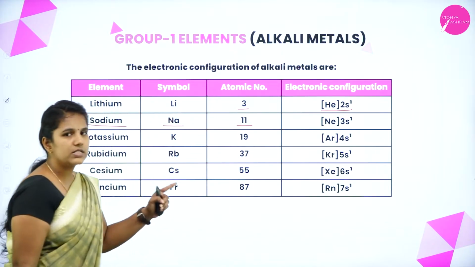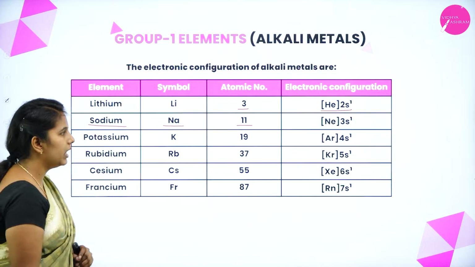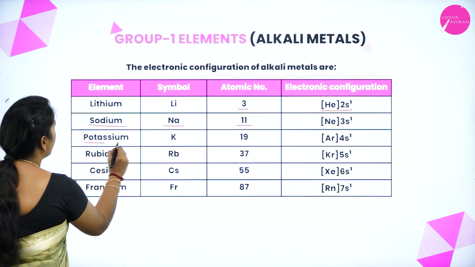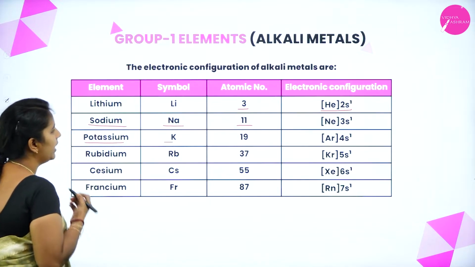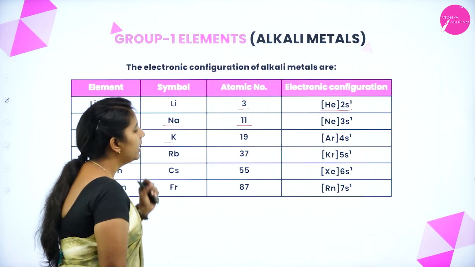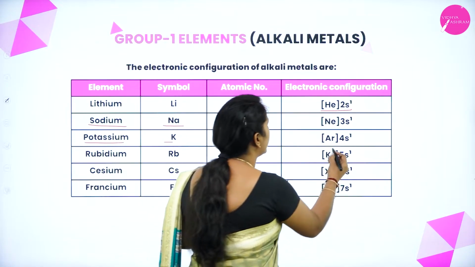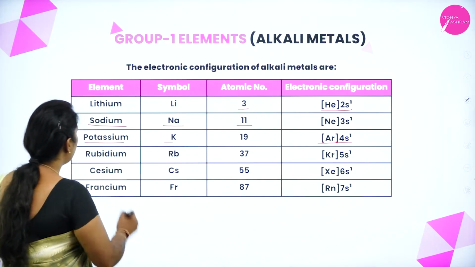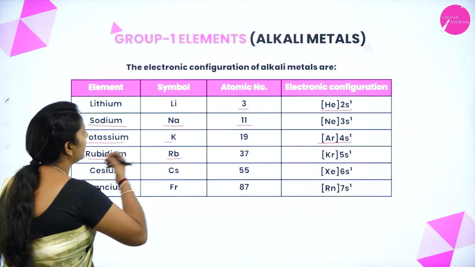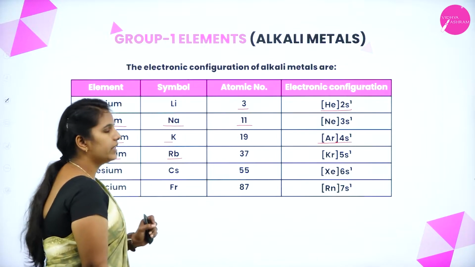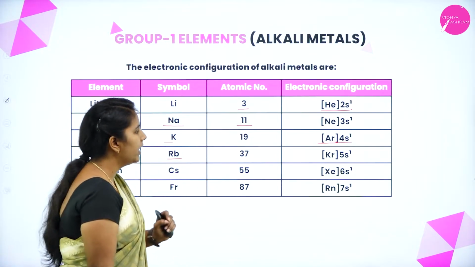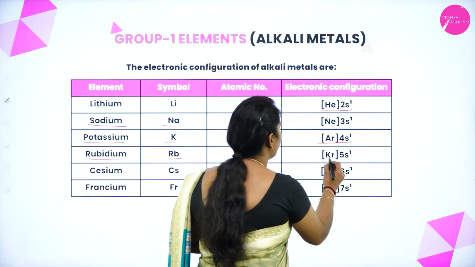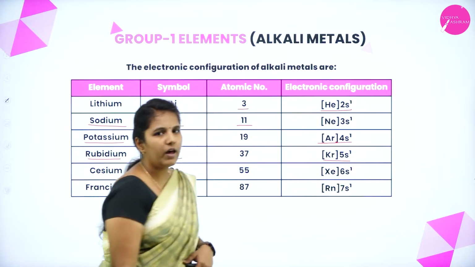The last electron enters the s orbital. Potassium, symbol K, atomic number 19, has configuration [Ar] 4s1. Rubidium, symbol Rb, atomic number 37, has configuration [Kr] 5s1.